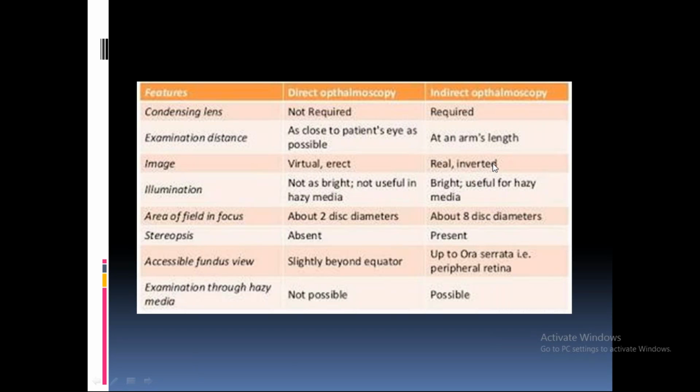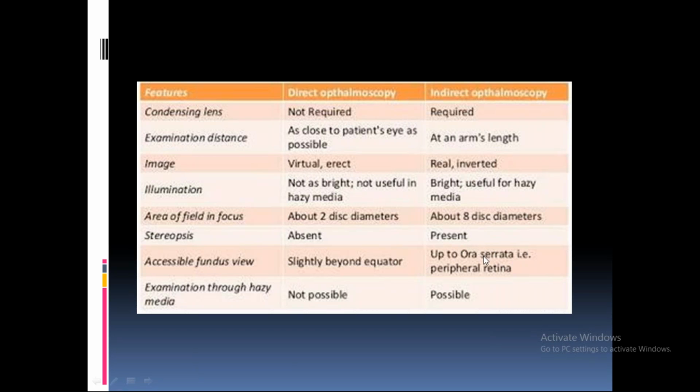Indirect ophthalmoscopy is useful for hazy media also. The image formed is real and inverted. The accessible fundus extends slightly beyond the equator. You can see up to the ora serrata, i.e. the peripheral retina.